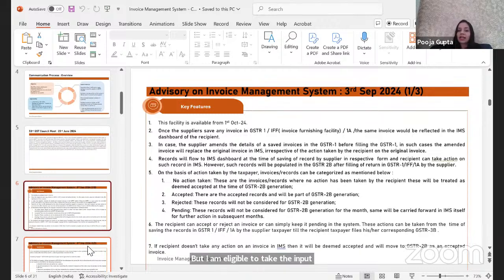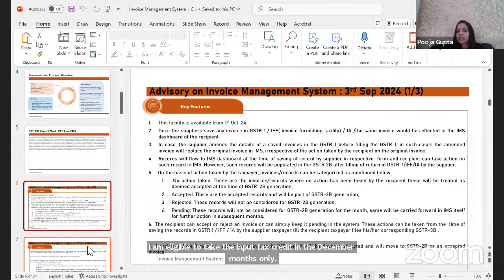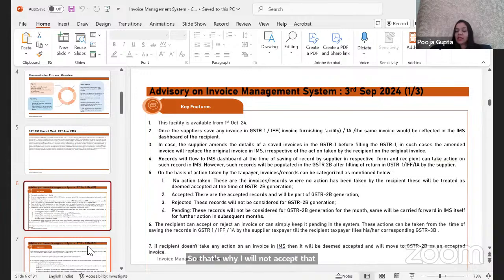So I will not accept that invoice in the month of November GSTR 3B. I will keep it pending in the IMS dashboard and I will take the input tax credit of that invoice in the December month only. That is the main point where we have to accept it and where we have to keep it pending for future actions.